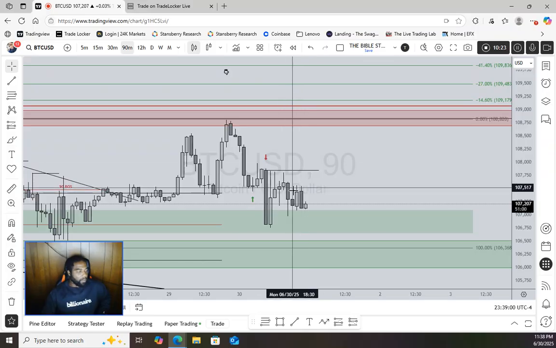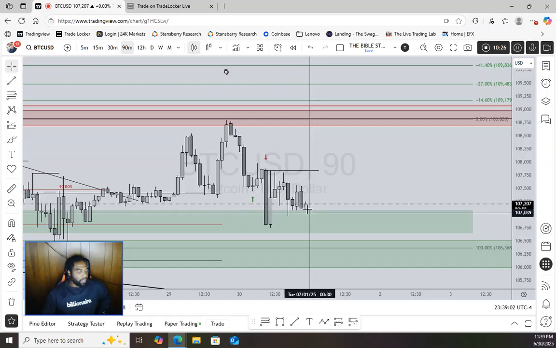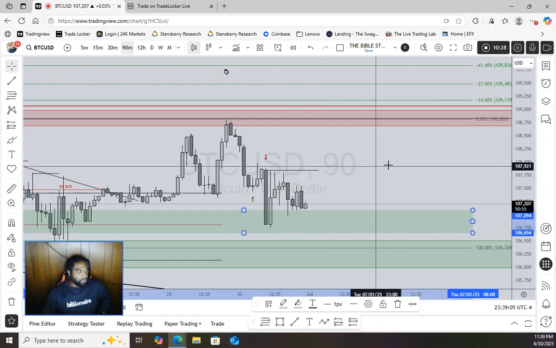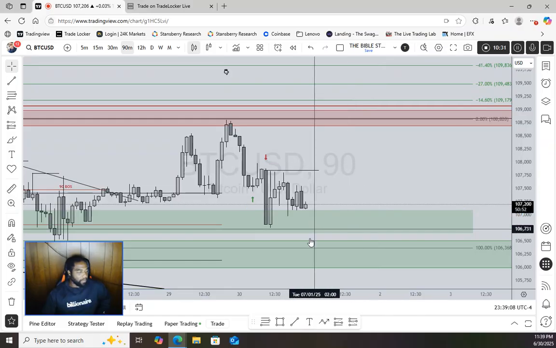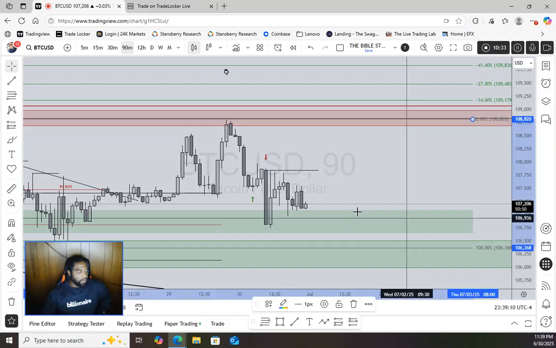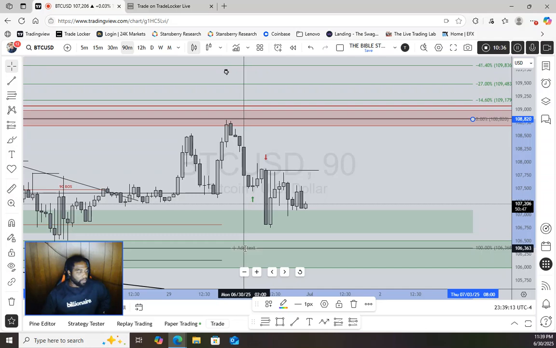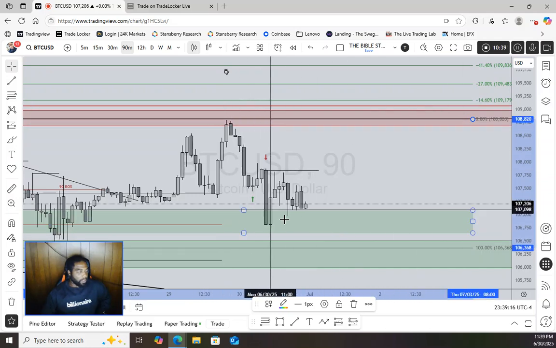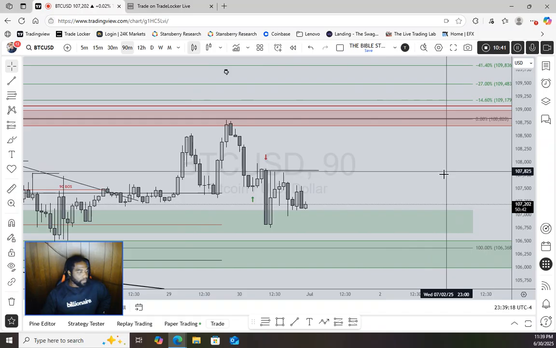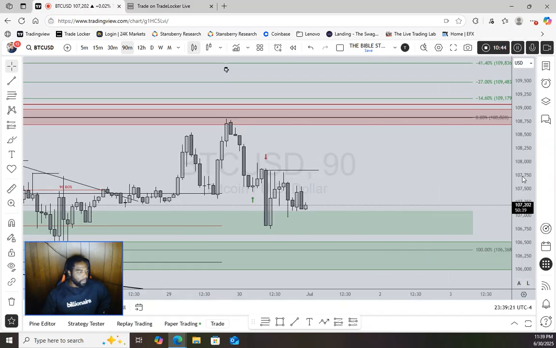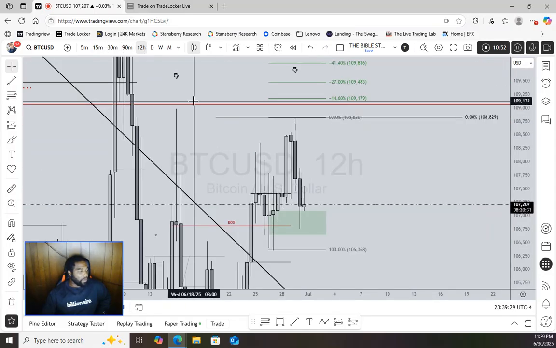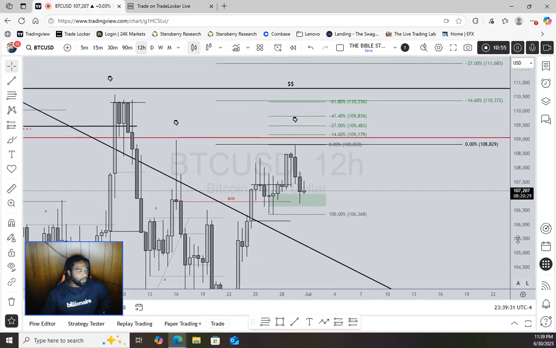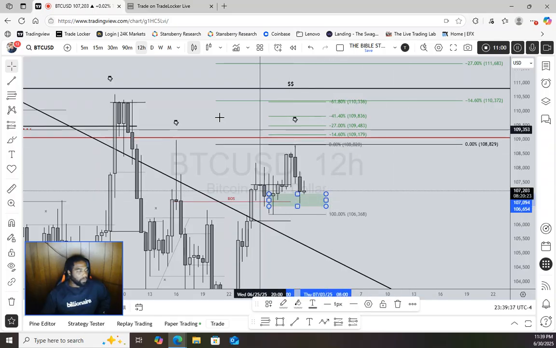So now we know price is encountering this bearish price action. This is that 12-hour snipe zone, right? And this is the 12-hour Fibonacci swing low to swing high, right? Now, that is the price action that we are encountering here on the 90-minute inside of the 12-hour to determine what price is doing here, now that price has encountered this 12-hour snipe zone.